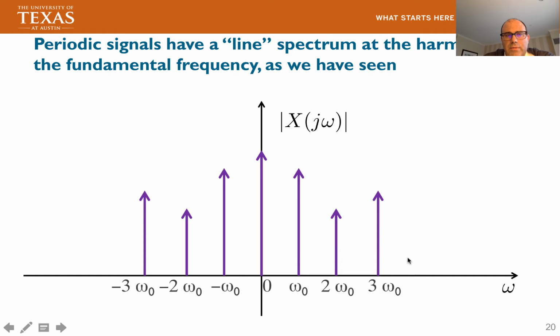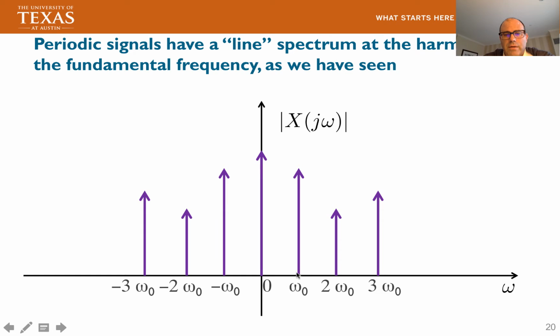Now let's look at an example here. We say that periodic signals have a line spectrum. By line spectrum, I mean that the Fourier transform looks like a whole bunch of lines. This is also called a comb spectrum. The deltas occur at multiples of the frequency omega naught.